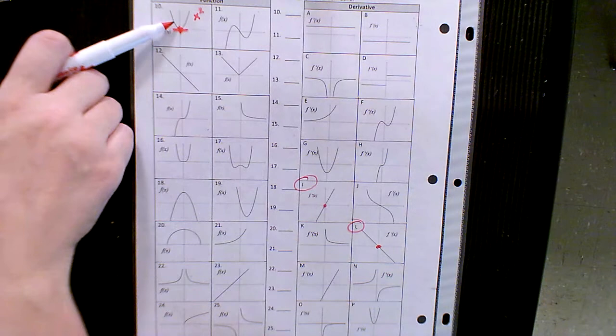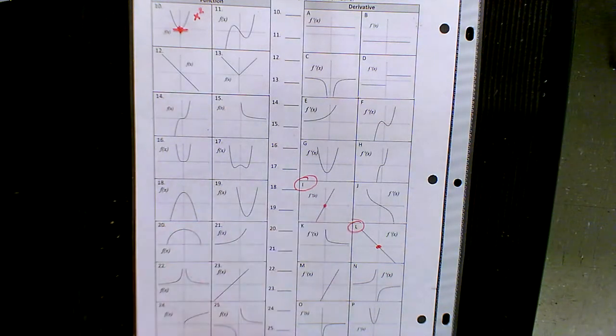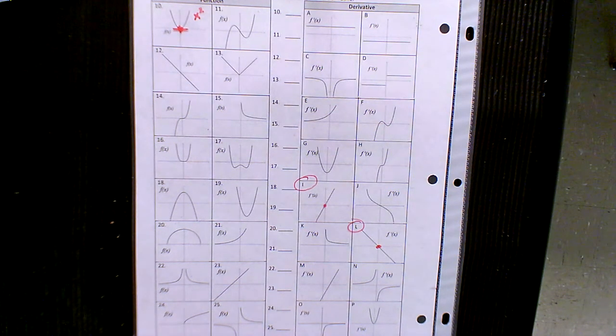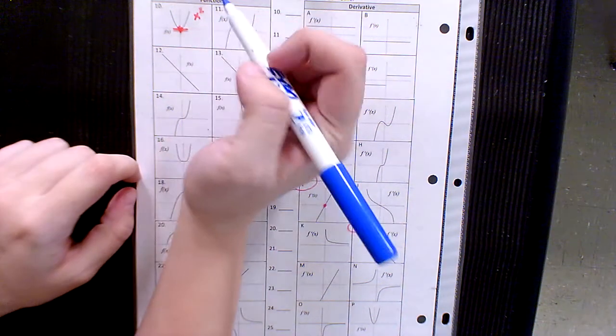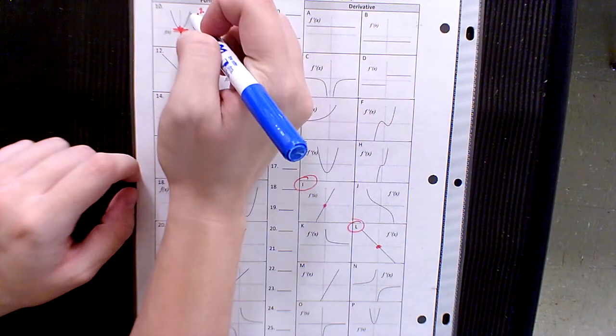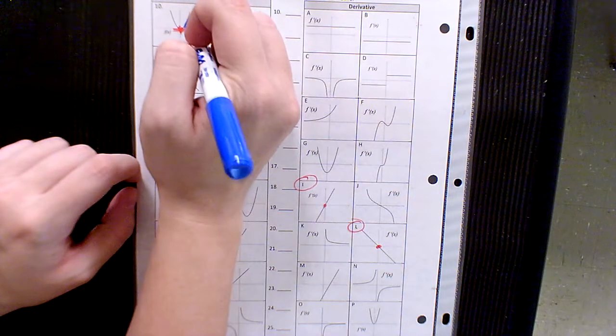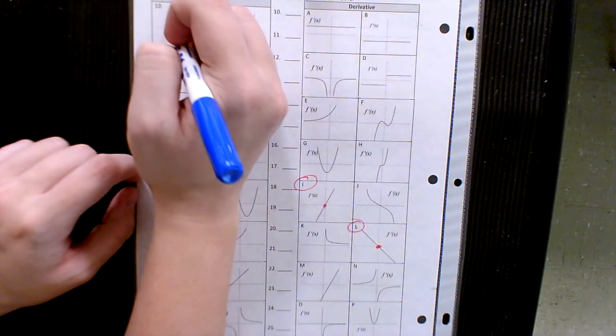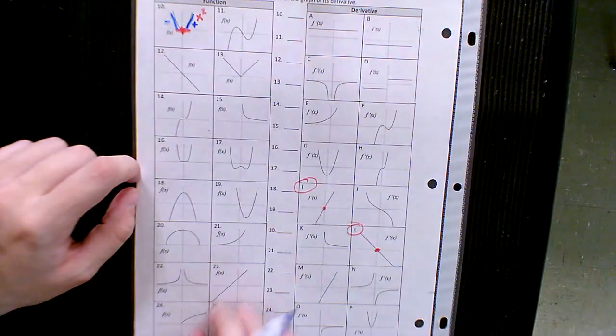What else can we look for on this graph to help us pick the correct one? We also know that the right half of the graph is increasing, so the derivative should be positive. Right, and the left half is negative, or decreasing, right? So the derivative should be negative.